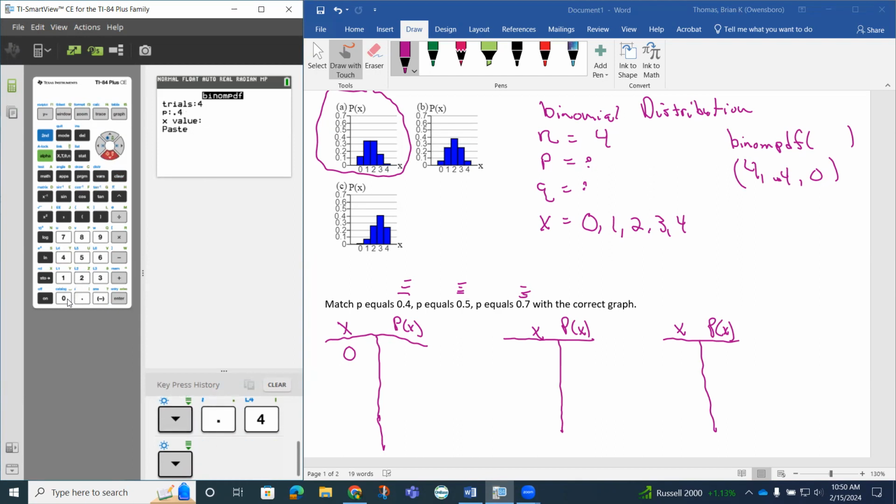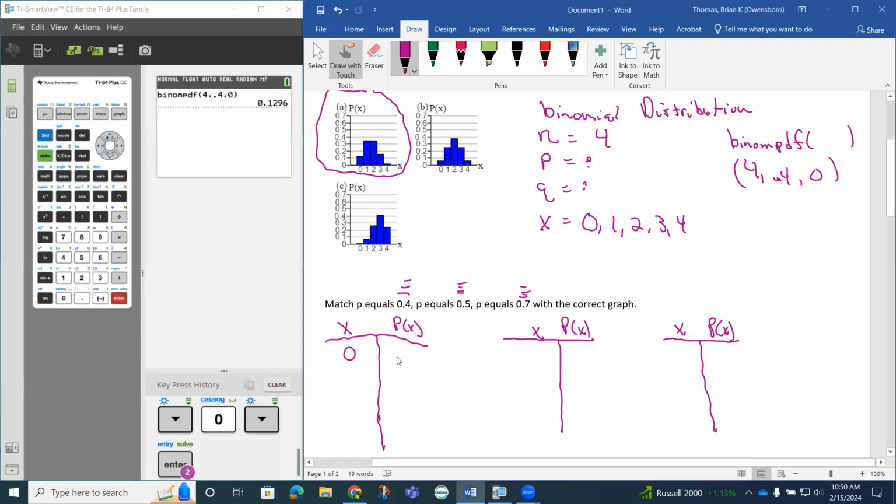And suppose we don't have any successes at all. What's that going to look like as a probability? If we put that in, we get 0.1296, or about 0.130.